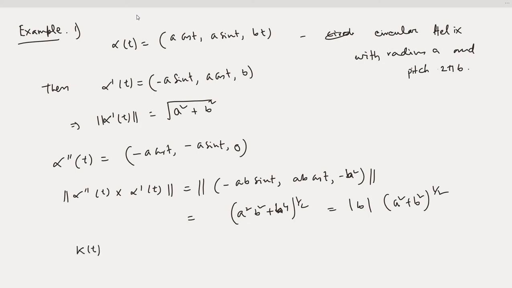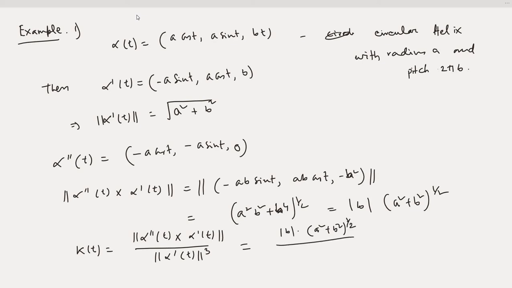Now what is the curvature? K of t is equal to the norm of alpha double prime of t cross product with alpha prime of t over the norm of alpha prime of t to the power 3. This is equal to mod b times a square plus b square to the power 1 over 2, over a square plus b square to the power 3 over 2.